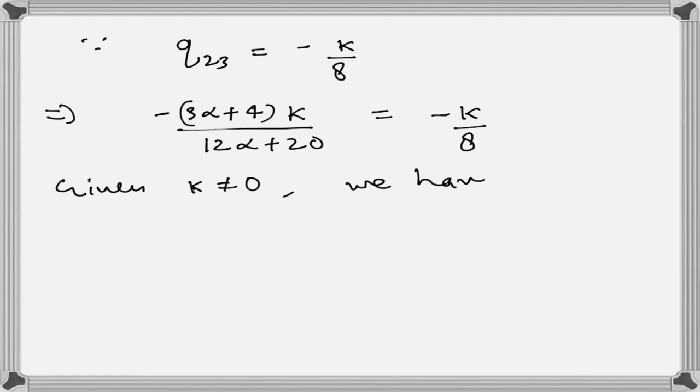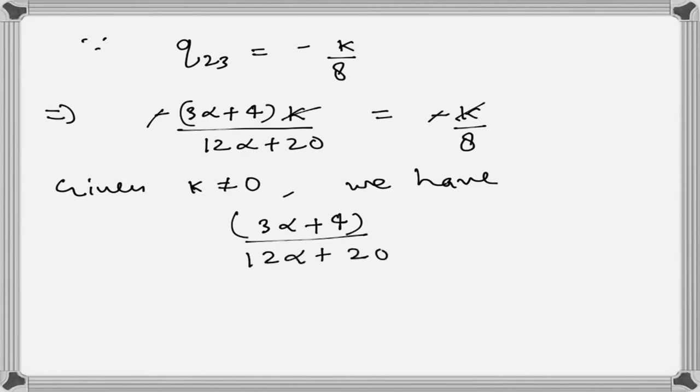K will be cancelled out, minus will be cancelled out, so we get 3 alpha plus 4 divided by 12 alpha plus 20 equals 1 by 8.